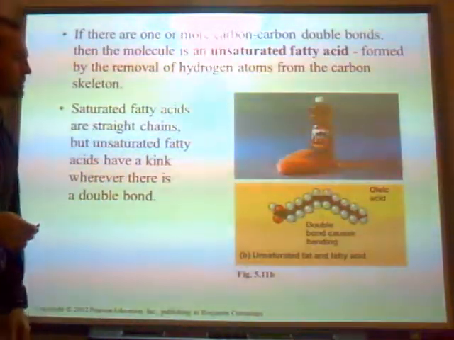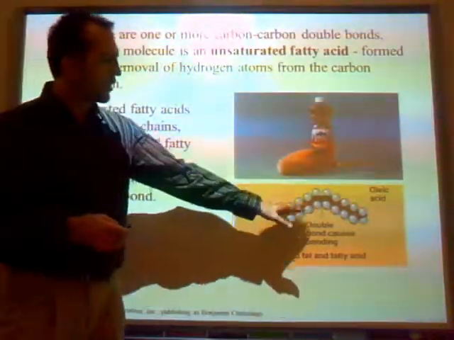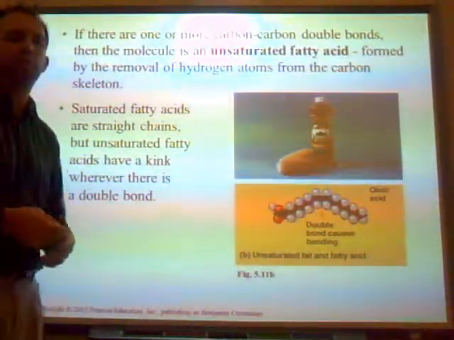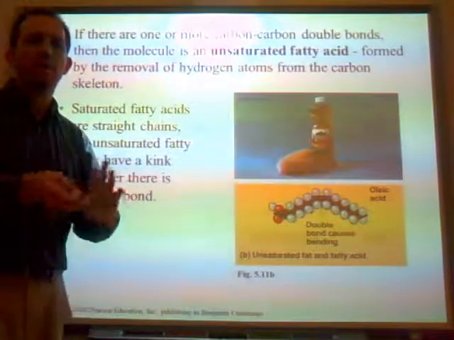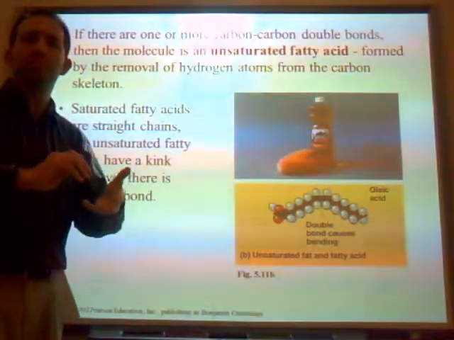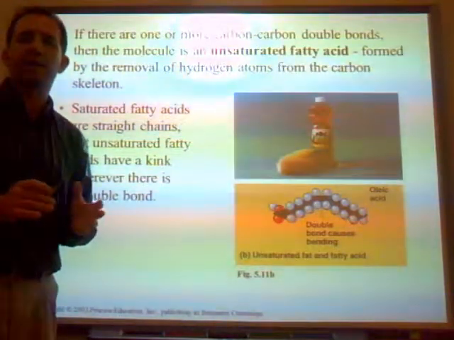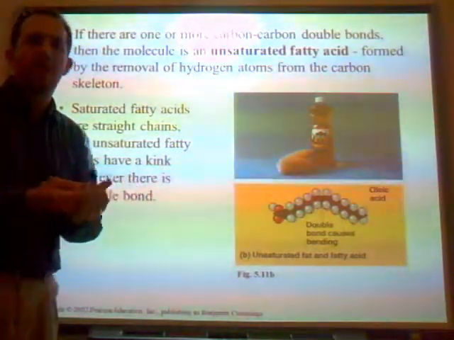If we put some double bonds in there, we're going to have some bending that takes place. If you remember from chapter 4, when there's a double bond, the orientation is pretty much limited in the amount of movement it can have, so it's not able to be pulled as tightly together.